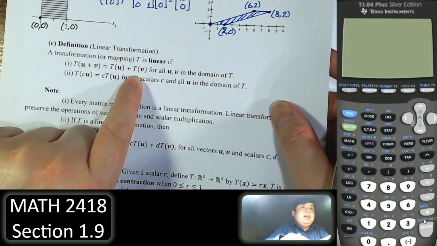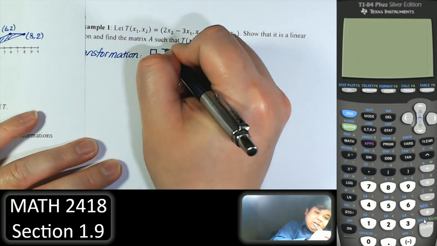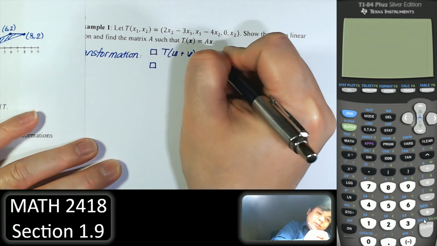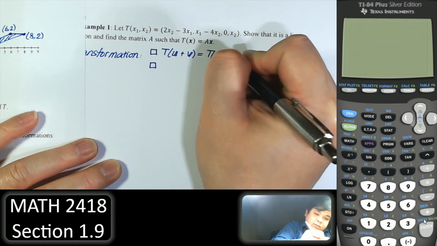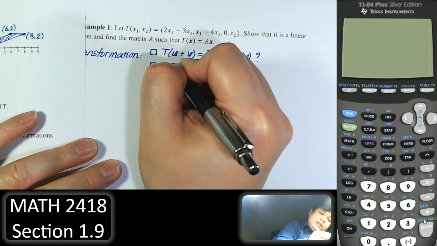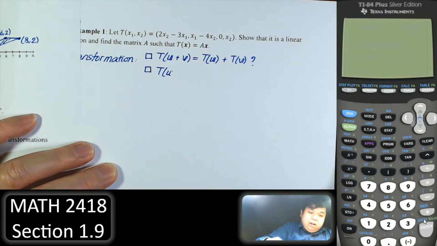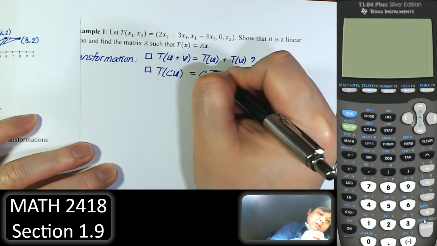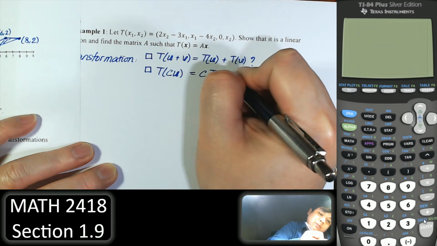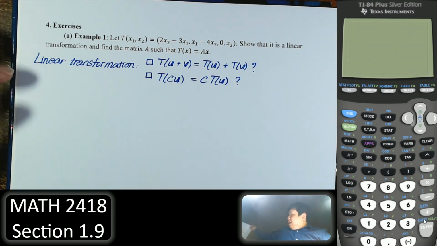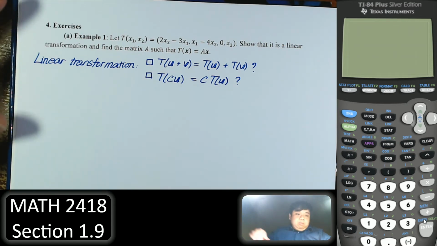First, it preserves the addition. And second, scalar multiplication is also preserved. We have to check these two to see if the transformation is linear.